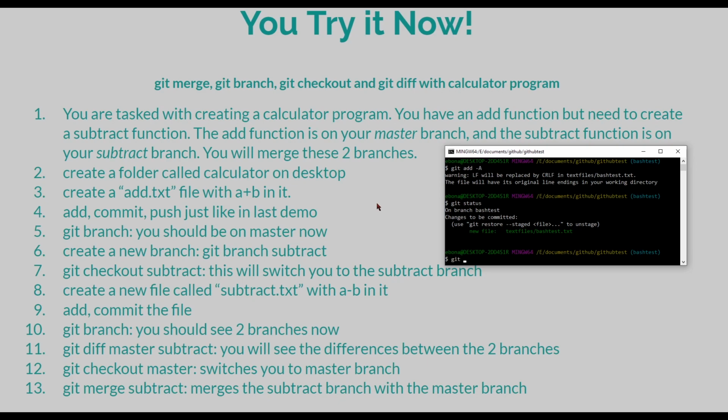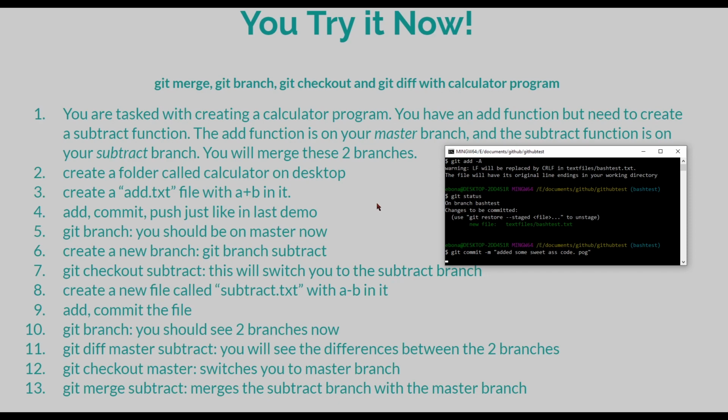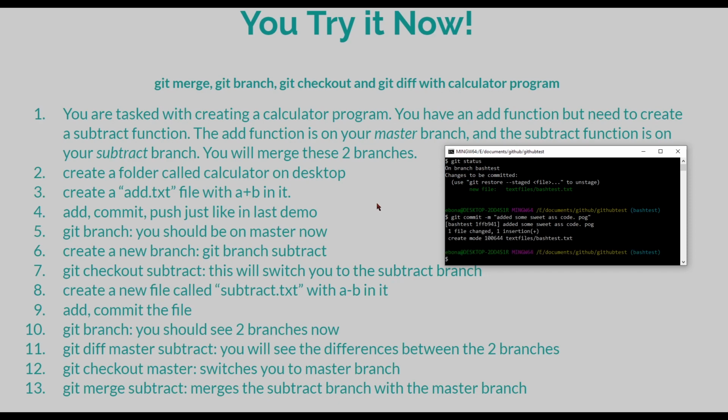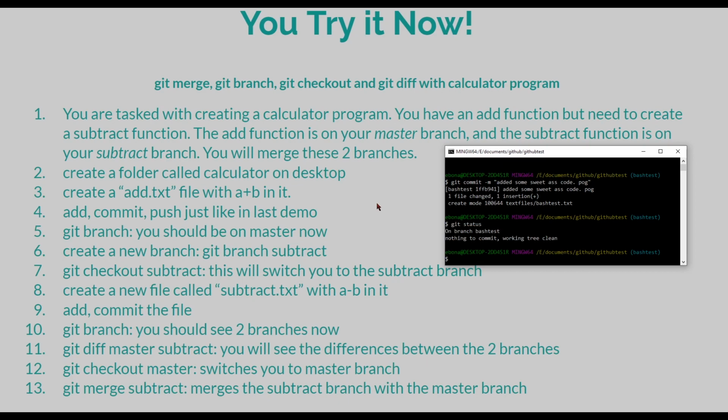So now let's git commit, make the message with -m, and write in the message, added some sweet code. And there we go, commit, and if we git status again, we should be good. If we do git branch, we're still in there.